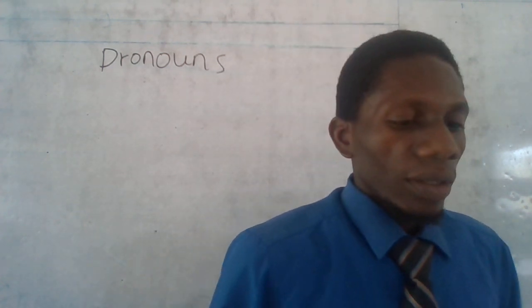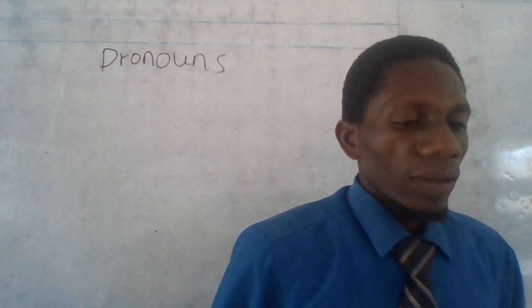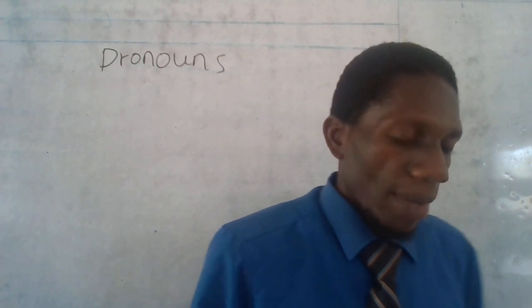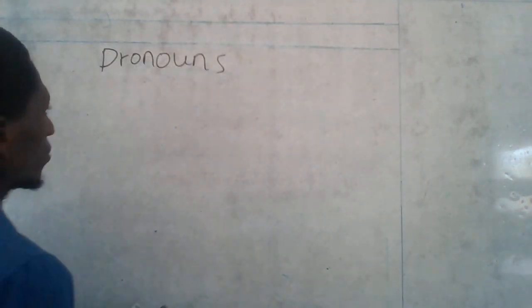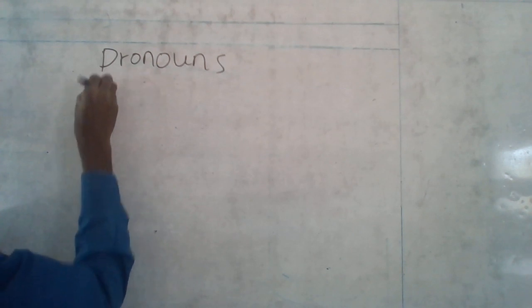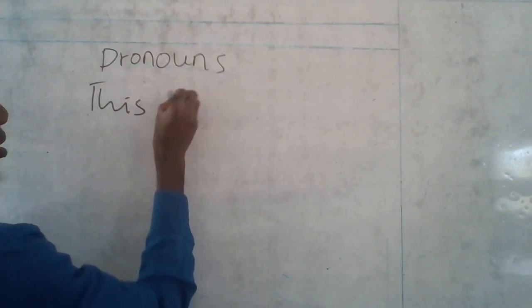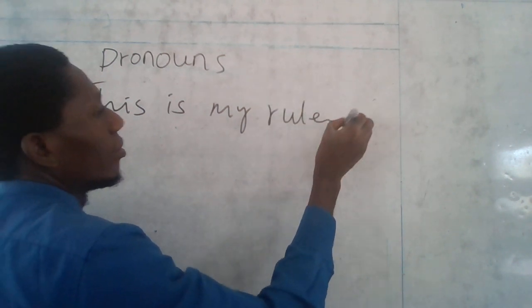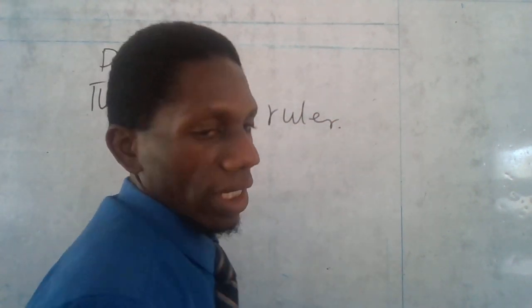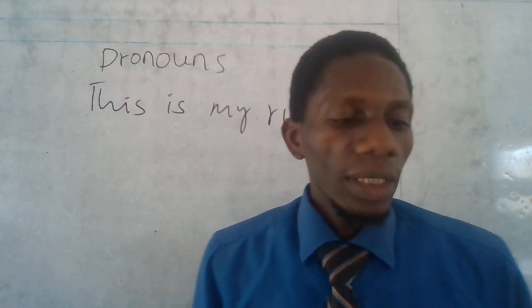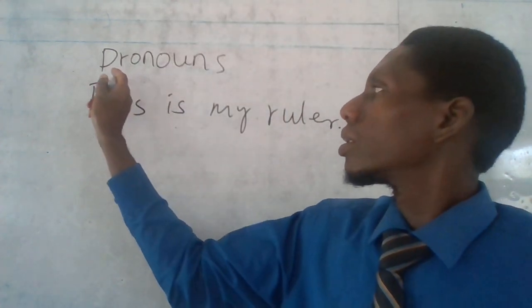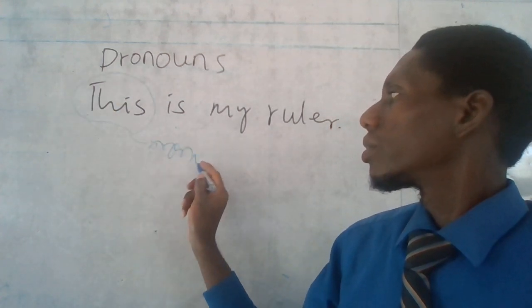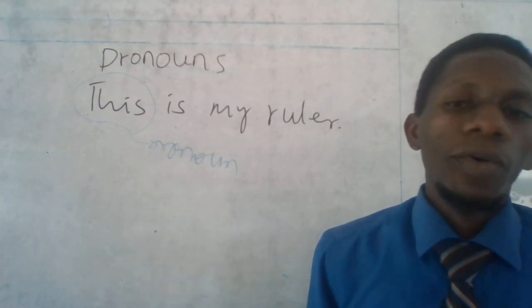For example, if I say he is my father, or this is my ruler, here this is the pronoun that we have.